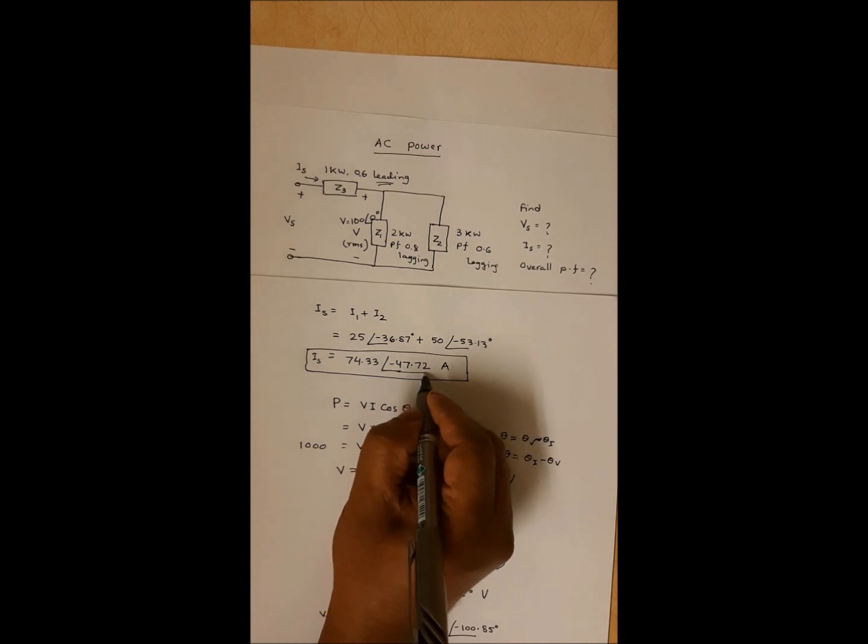So now we got Vs, and the angle of Vs is this, and Is has this angle.